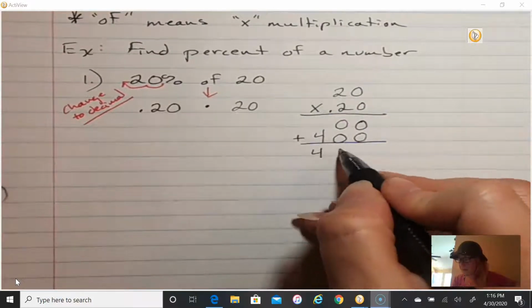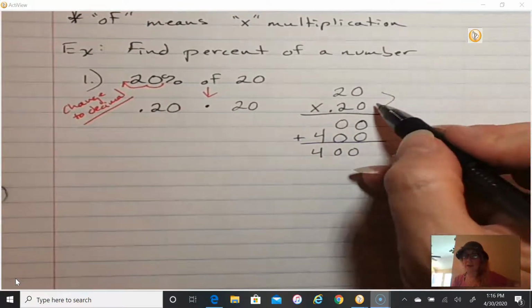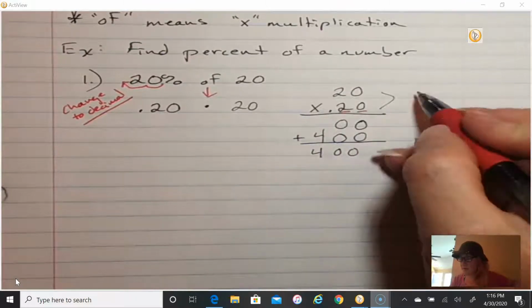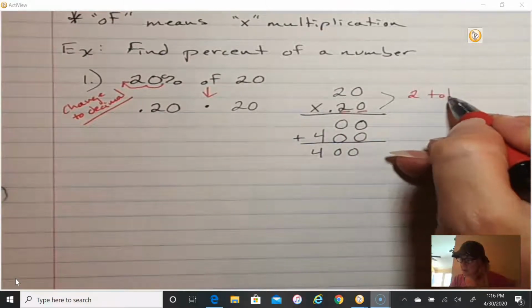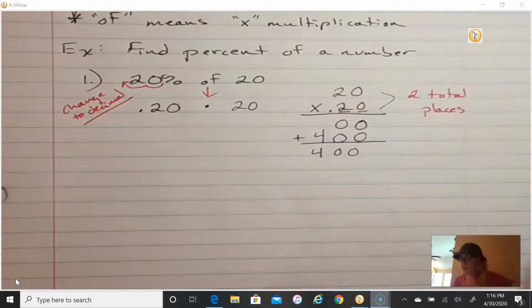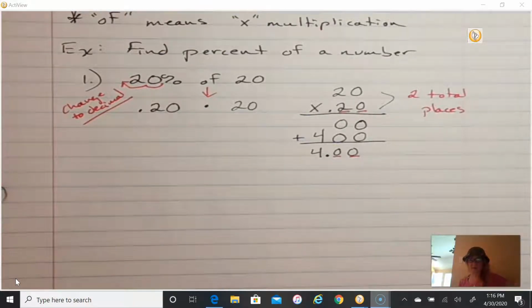Add up. How many total places are there in the problem behind the decimal? There's 2. 2 total places. So then your decimal should have 2 places after it.